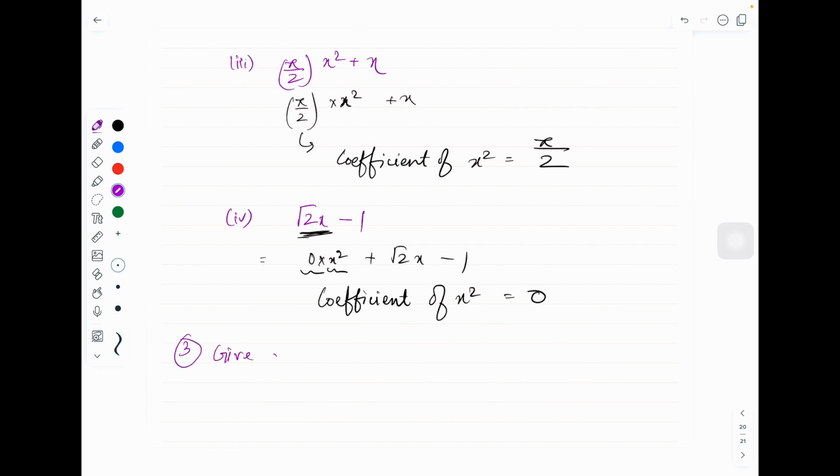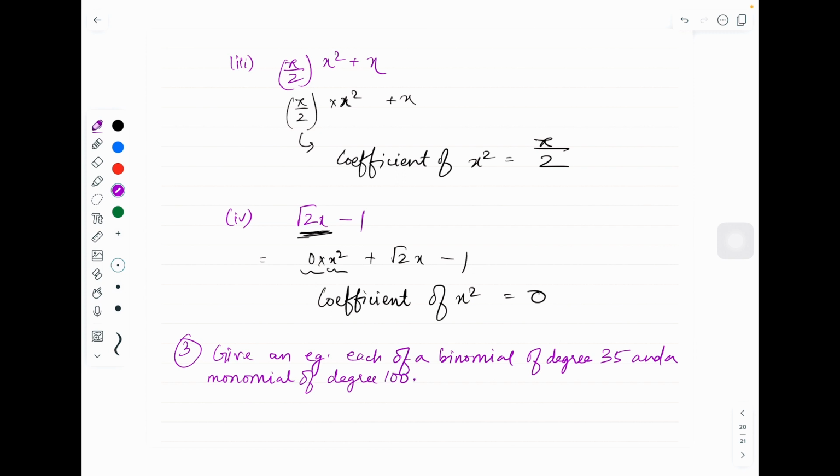The third question is written: give an example each of a binomial of degree 35 and a monomial of degree 100. So read the question, I am telling you again.